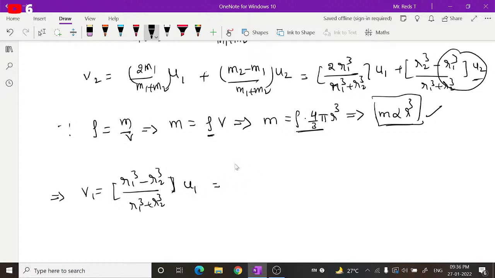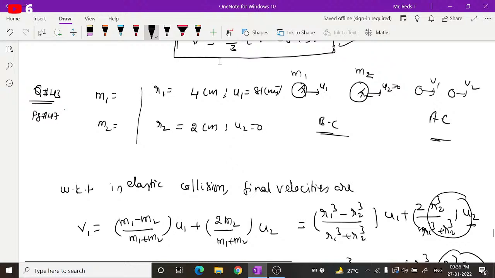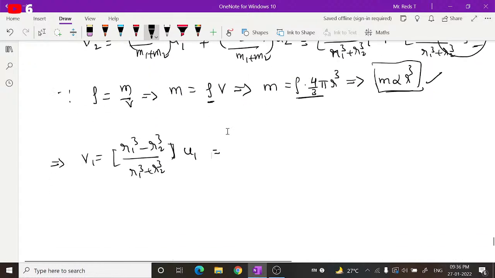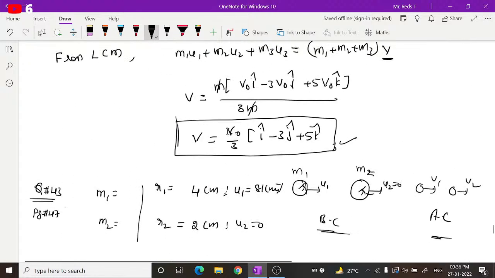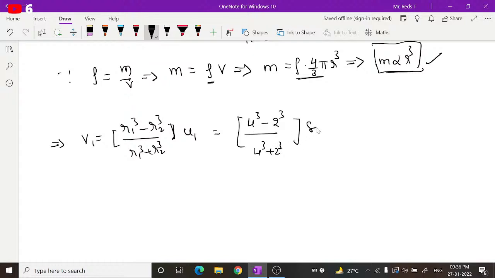We have taken r1 as 4 and r2 as 2 centimeters, so substitute them, and u1 is 81. So it is equal to 4 cube minus 2 cube by 4 cube plus 2 cube into u1, which is 81 centimeters per second.